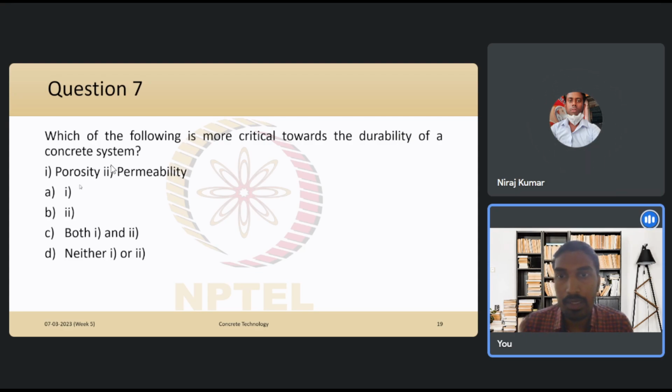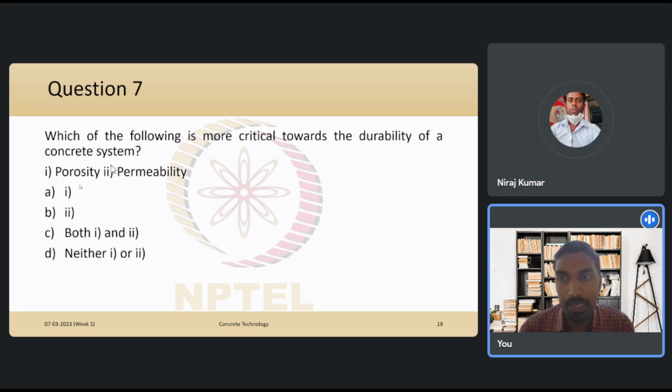Therefore permeability is more critical for durability, but porosity by itself is not necessarily going to affect the durability, because let's say you have more pores but these are not really connected together. In that case it is not going to affect the durability, because the external factors may not be able to reach the inside of the concrete system, right?